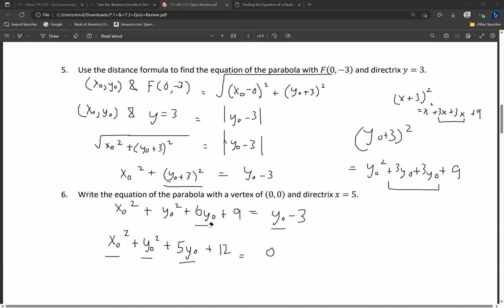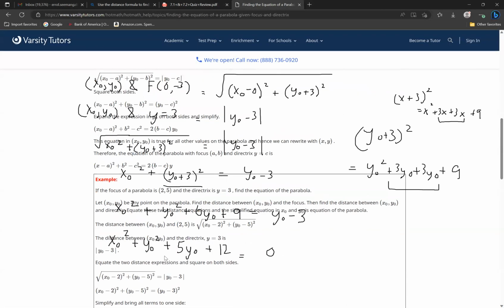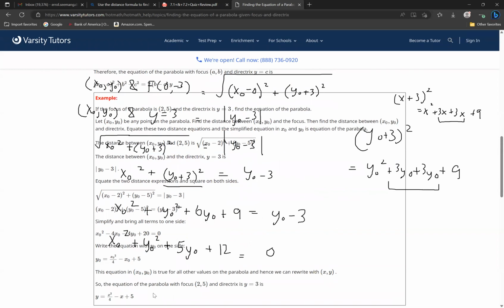All right, so then I think there's one more step after that. Let's see what they got. Okay, so this is what we did right there. Everything on one side equals 0 on the right side. Write the equation with y0 on one side. So now they're just solving for y0.